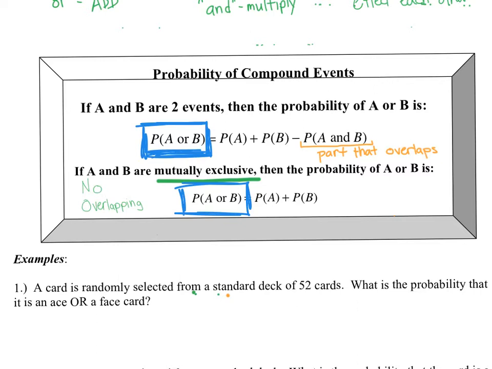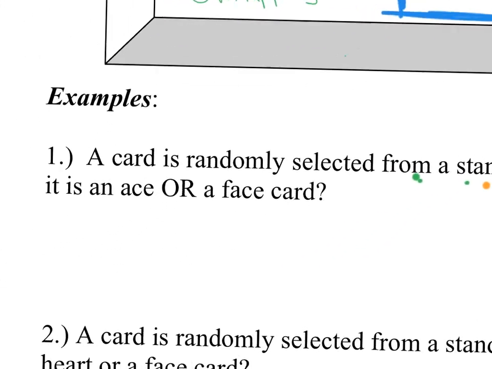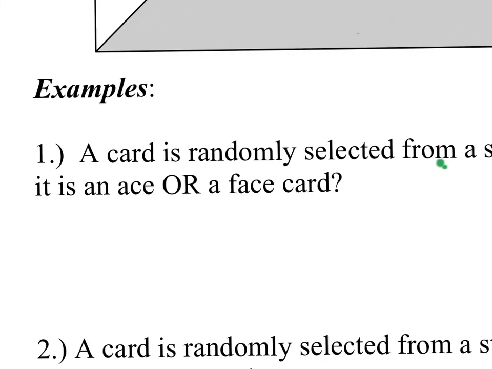So let's look at our two examples at the bottom of this page. And again, that handout that I gave you guys, the deck of cards, may be helpful for this lesson. It says a card is randomly selected from a standard deck of 52 cards. What is the probability that it is an ace or a face card?